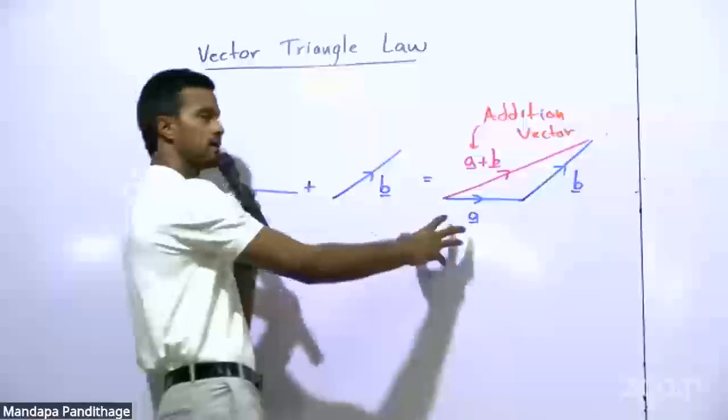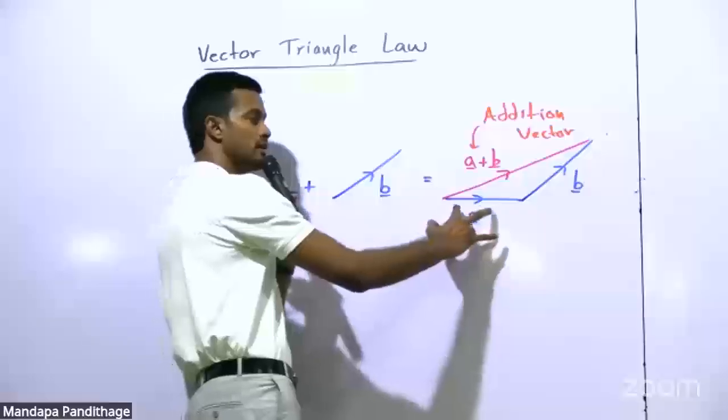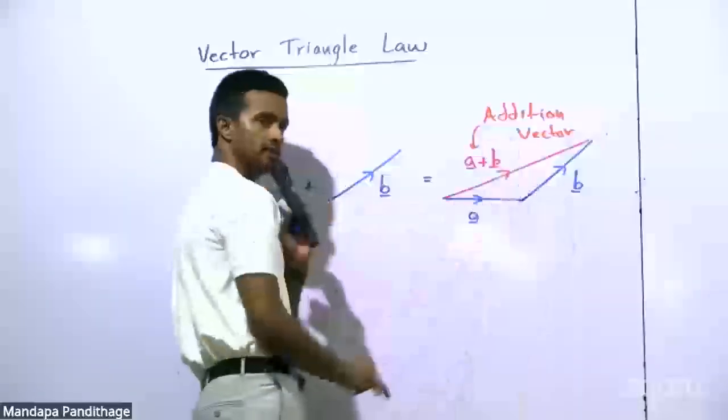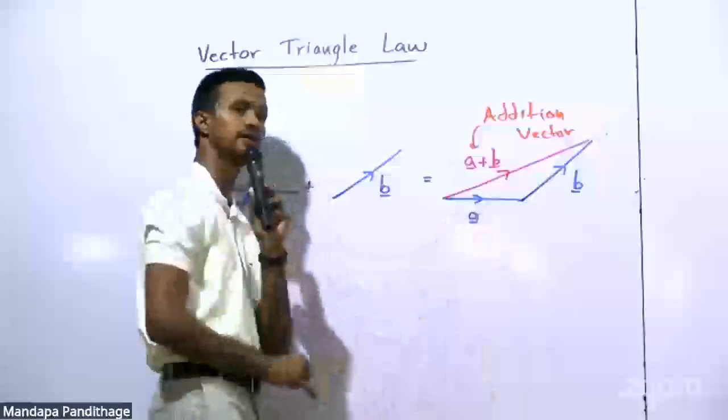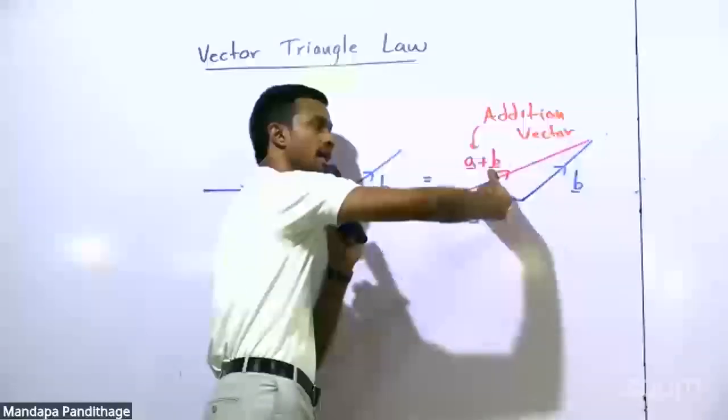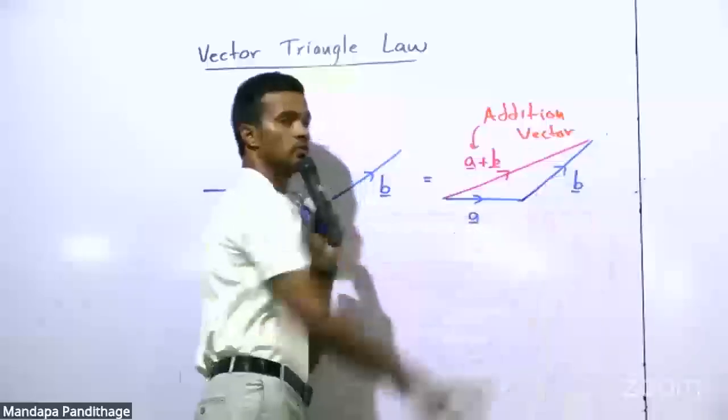The vector triangle law states that when two sides of a triangle denote two vectors, the third side denotes the addition vector of the two vectors.